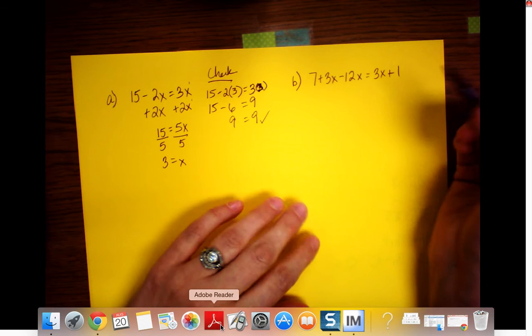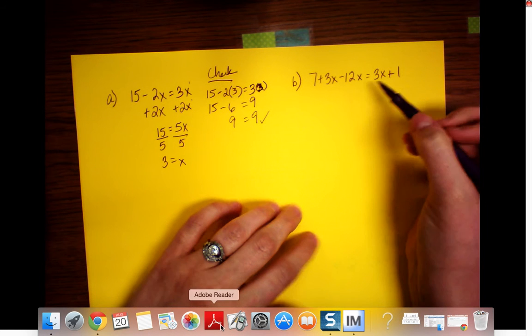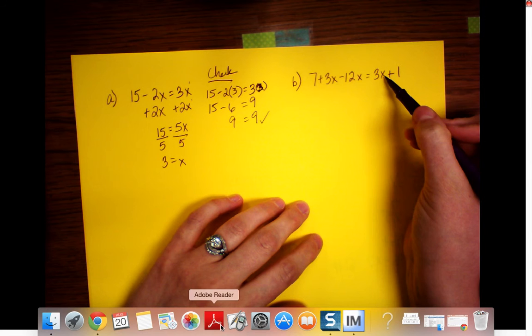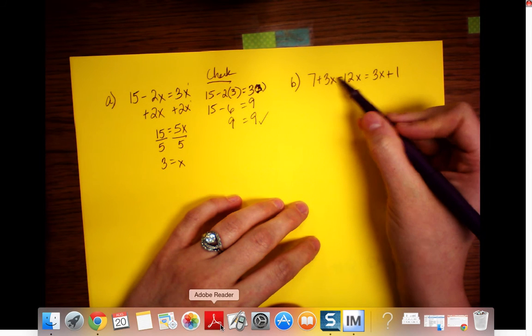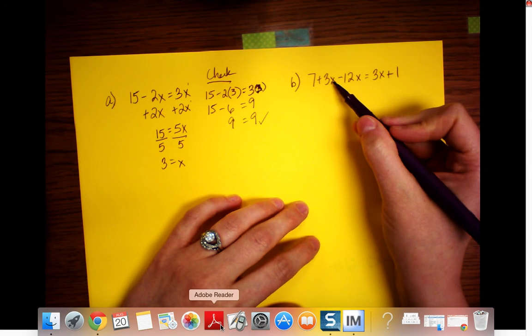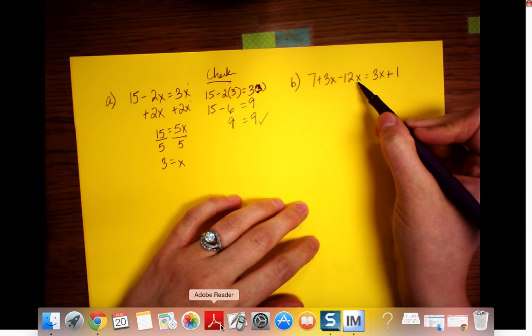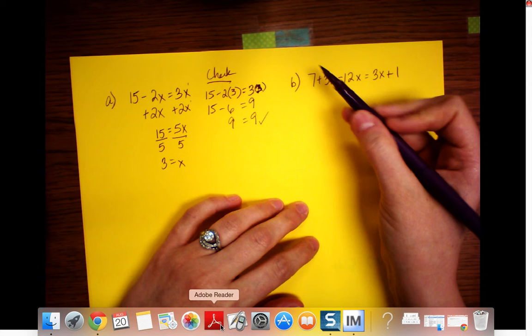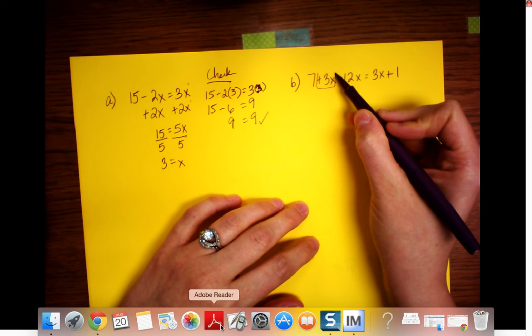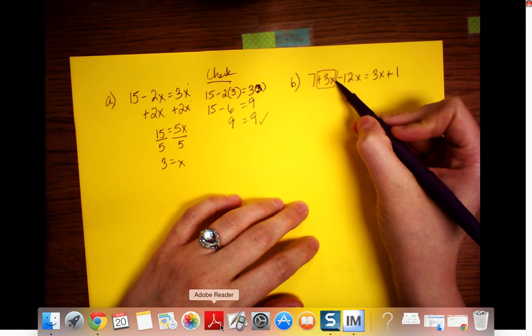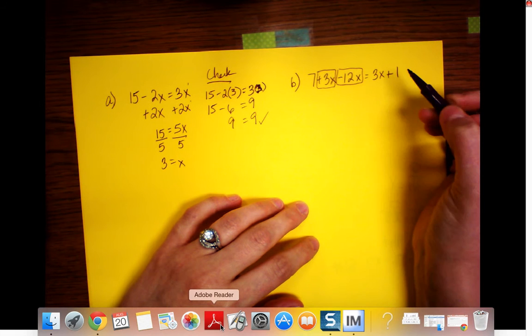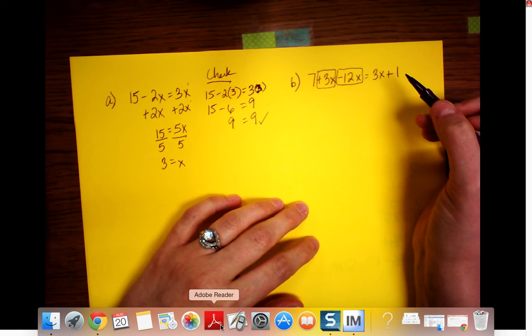All right, so in this example, we have an x on the right, and we have 2 x's on the left. So if you have like terms that are on the same side together, this positive 3x and this negative 12x are on the same side of the equation together.